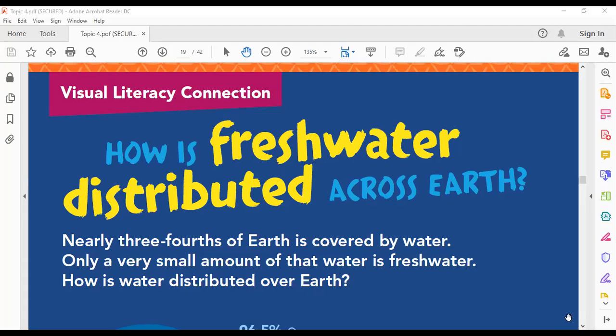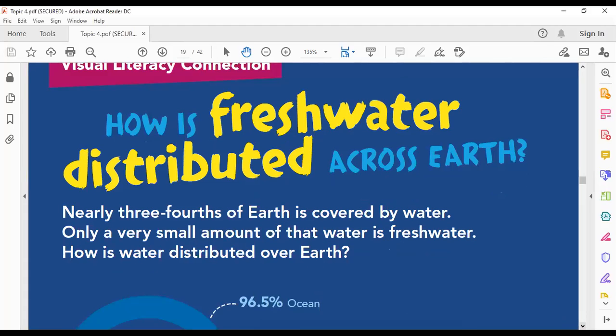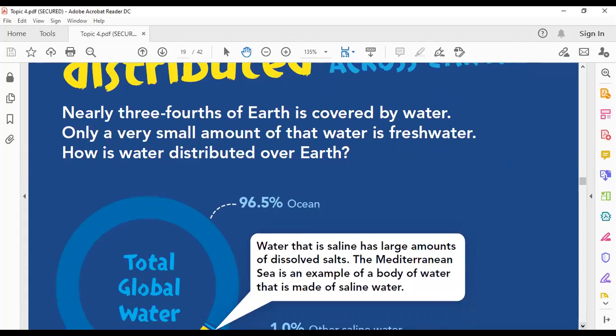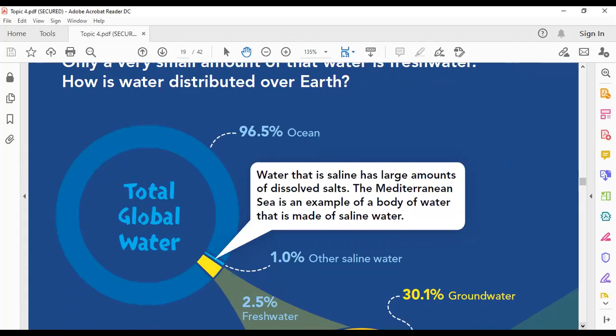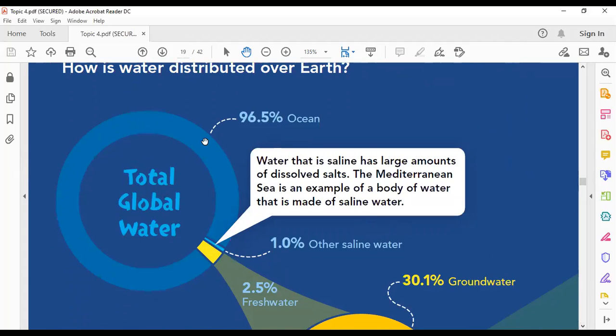Now, the question is how fresh water is distributed over Earth. This graph shows the distribution of water on Earth, and as you see, 97.5% of water on Earth is salt water.